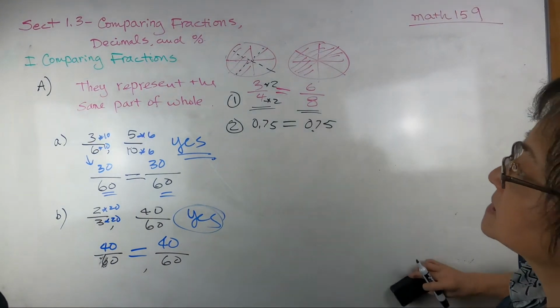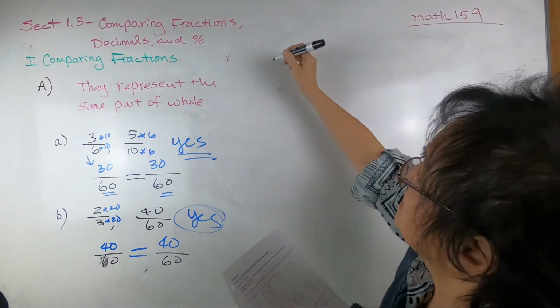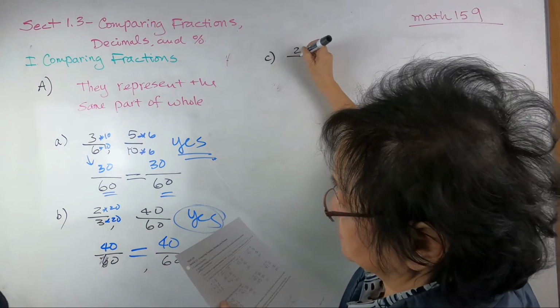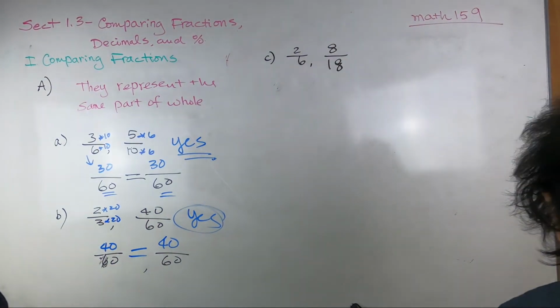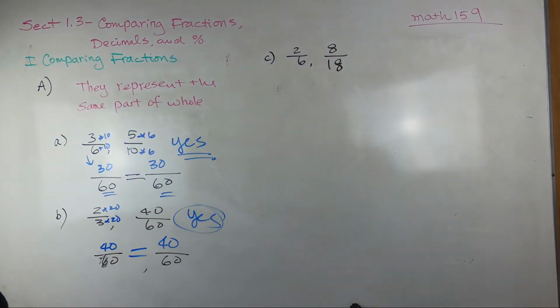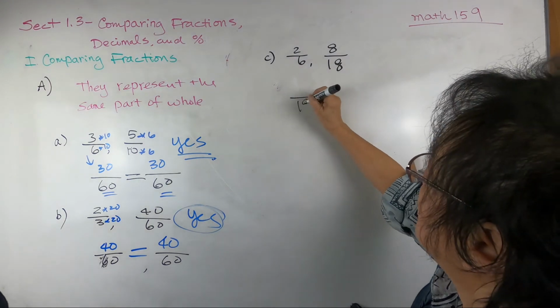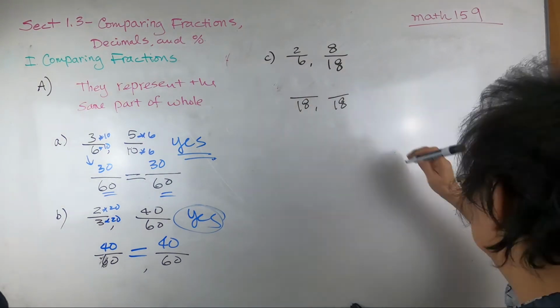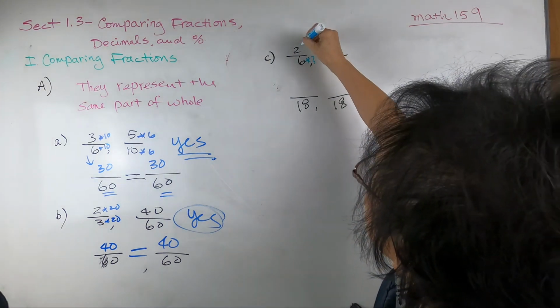Let's look at the next one. It's your C. It says 2/6 and 8/18. So we want to use the same denominator. Which one do you think you will use? 6 can go into 18, right? So you just use 18. 6 becomes 18. You need to multiply by what? 3.